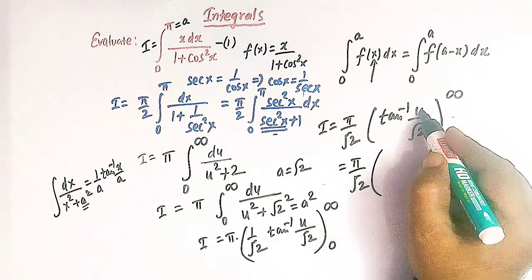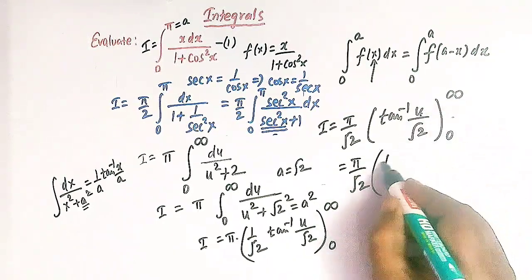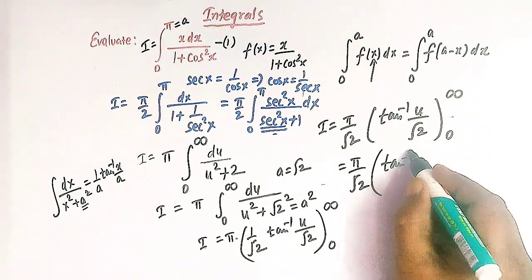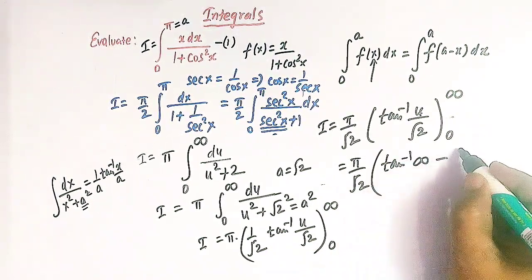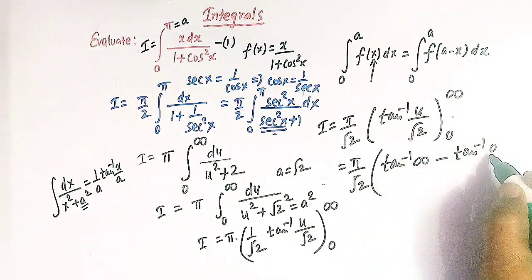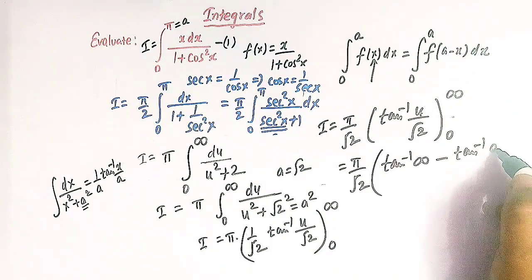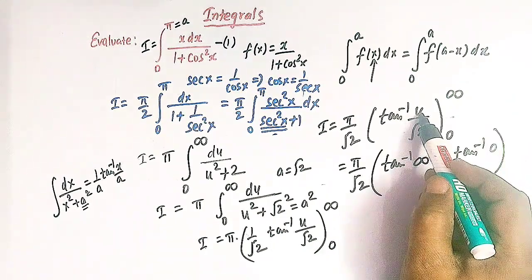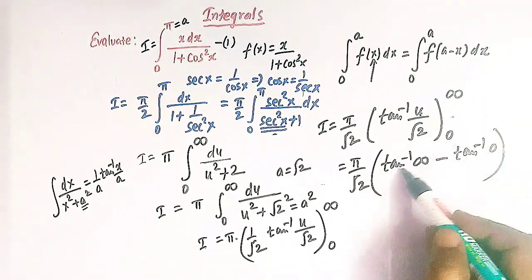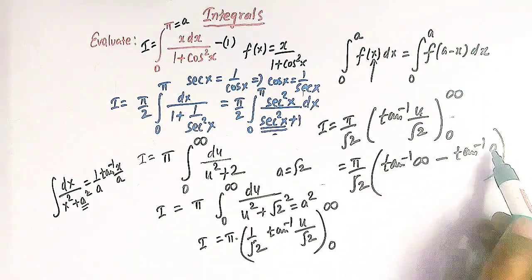And when we take u is equal to infinity, we have simply here tan inverse of infinity and then minus tan inverse of 0 over square root of 2, which is simply 0, right? So first we take u is equal to infinity, then u is equal to 0. So we have tan inverse infinity minus tan inverse 0.